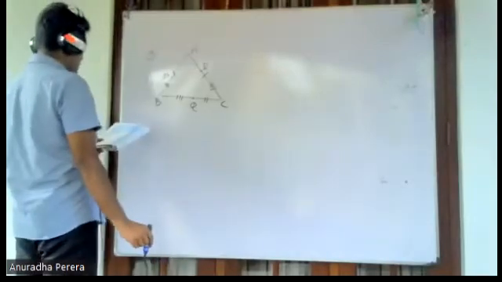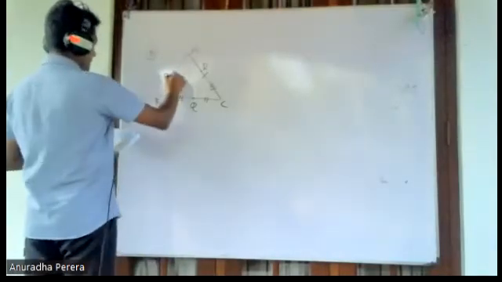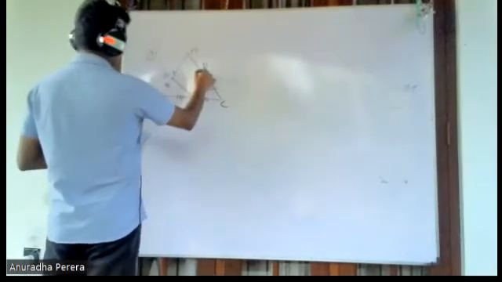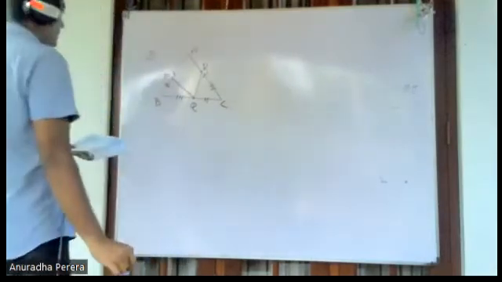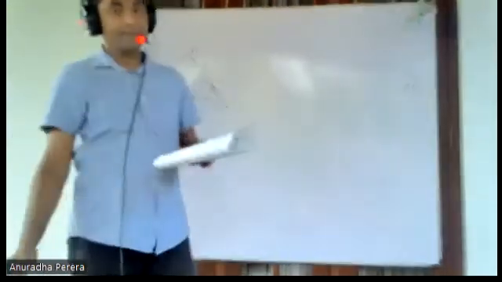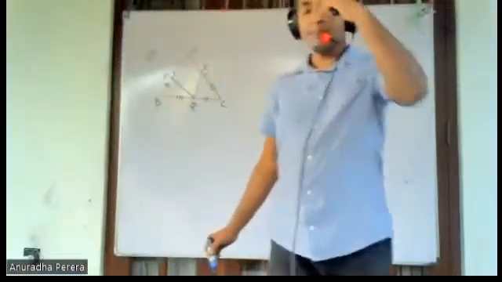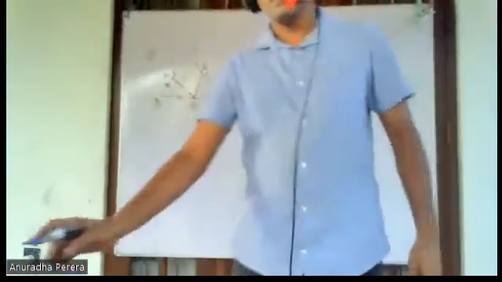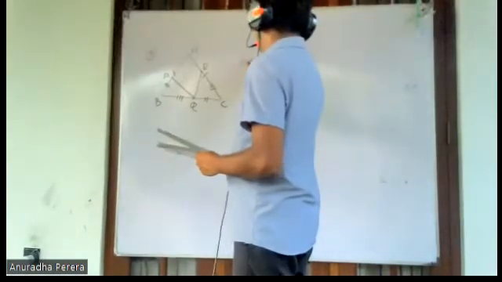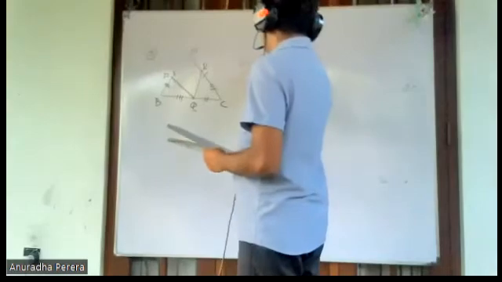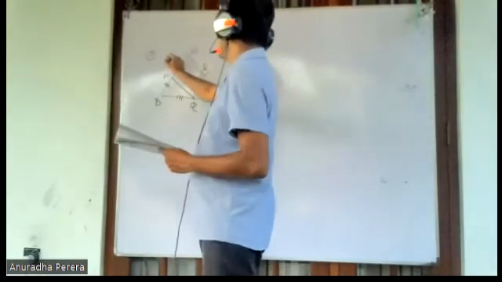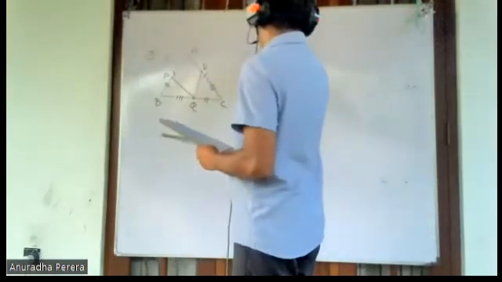Prove that triangle PBQ equals QRC. Just tell me, when proving these two are congruent, what is the case? SAS. Yes, side angle side. We know AB equals AC, it is given.